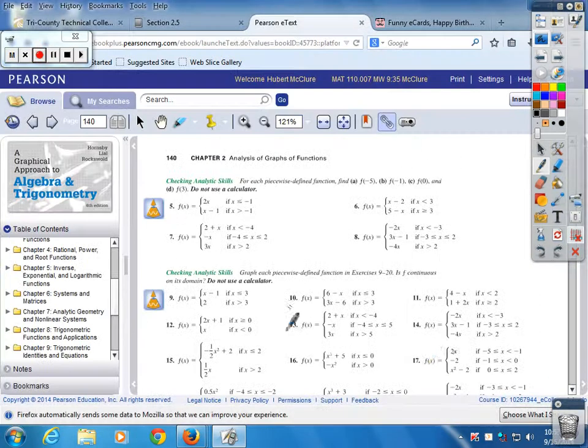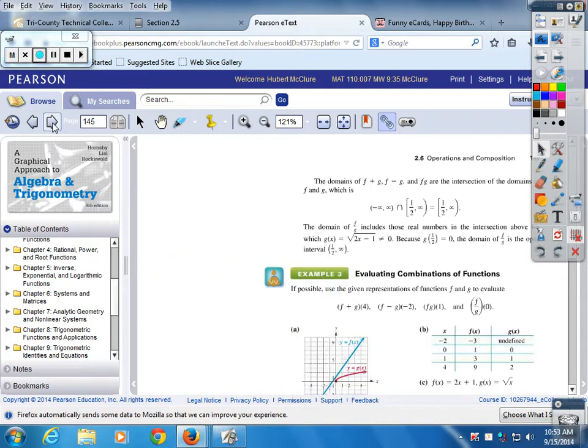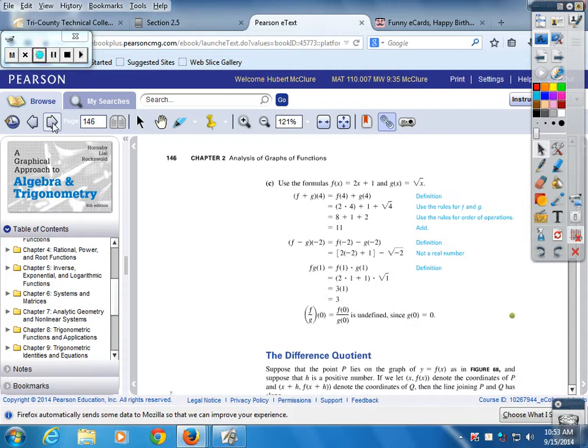Let's see what they got in that section. What page is that section on? 2.6. Anybody got it in front of them? That's all right. I'll find it. Okay, here it is. 2.6, operation of functions.